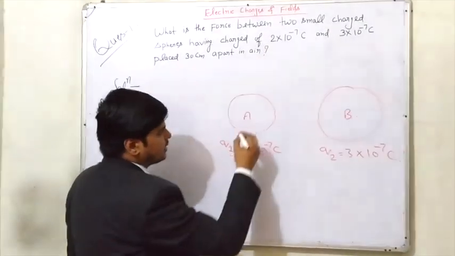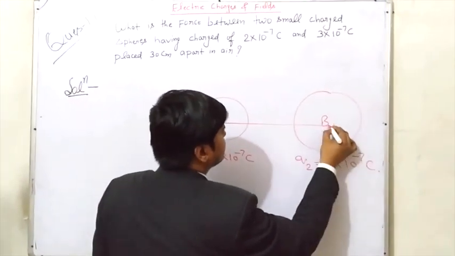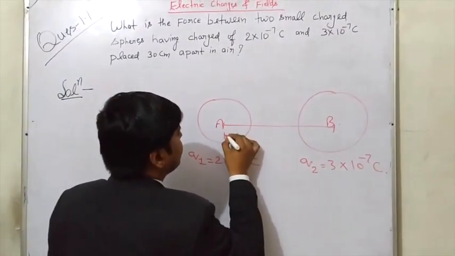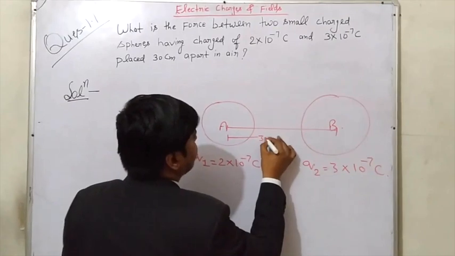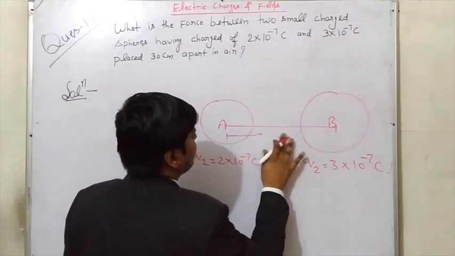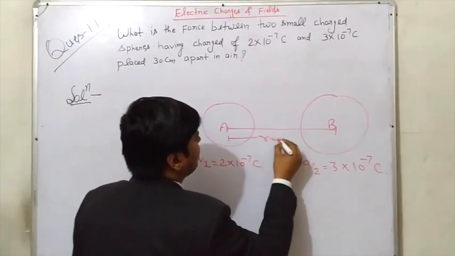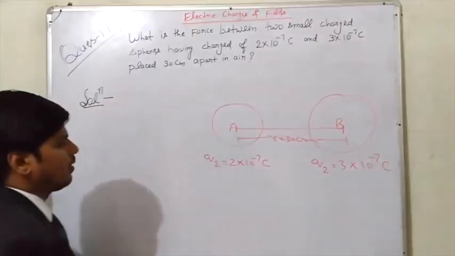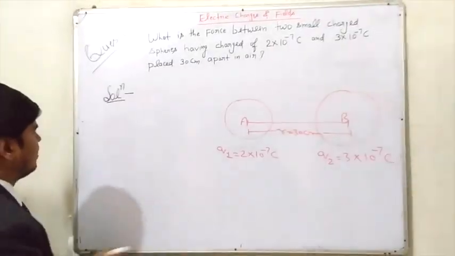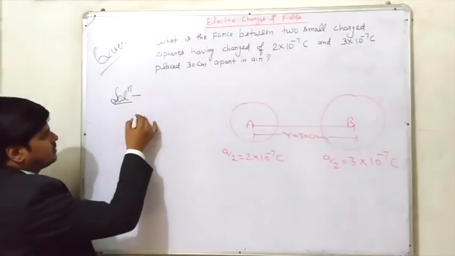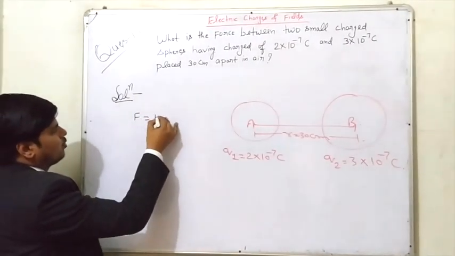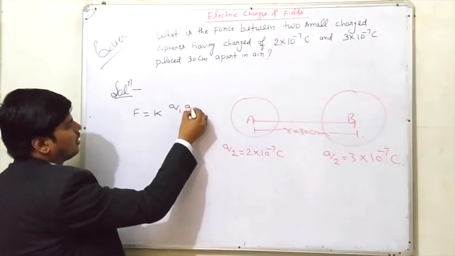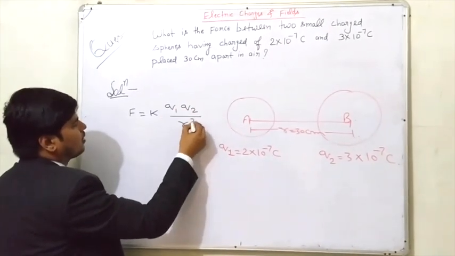And the distance between both the spheres is given as 30 centimeter. That is the value of R, R equal to 30 centimeter. Then the formula is F equal to K Q1 Q2 upon R square.